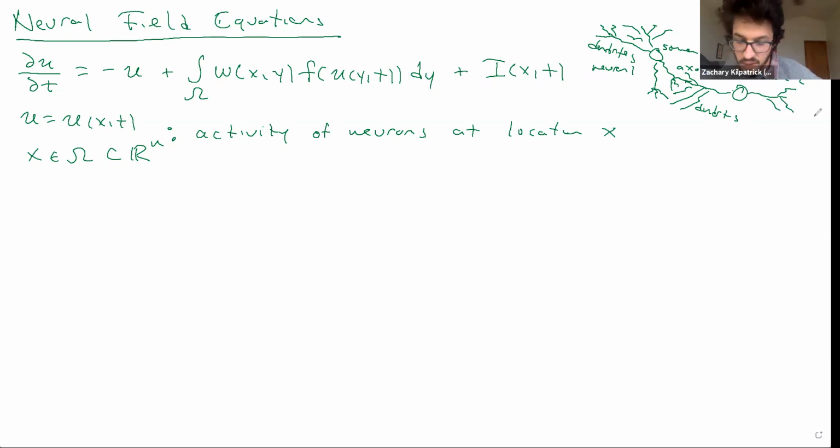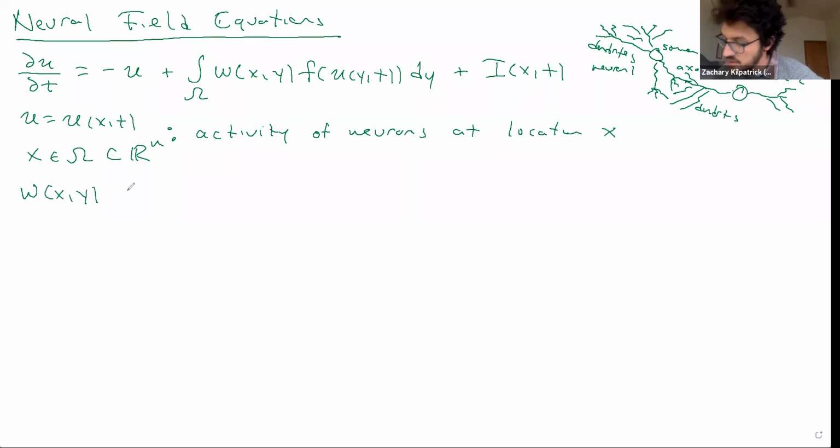You have 10^11 neurons in your brain, doing this all the time according to a complicated graph. All of that for our canonical model is going to be described by just this function W, which describes the strength and the sign of the connection from one neuron to another.